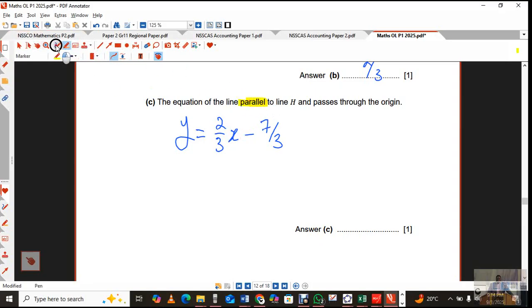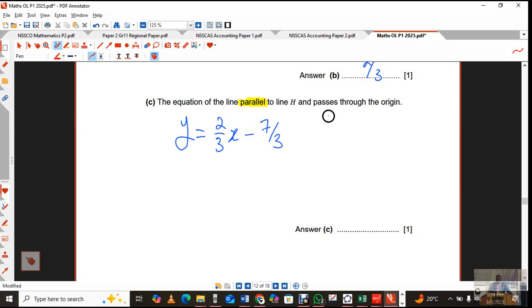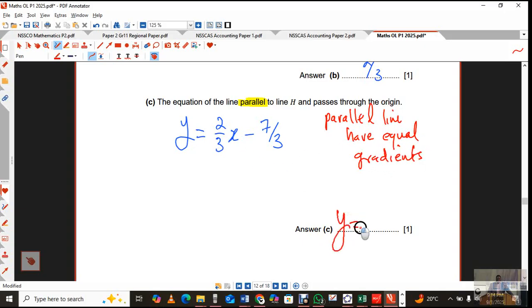Parallel lines have, you guessed it, equal gradients. So the line I'm looking for will be y equals 2 over 3x.